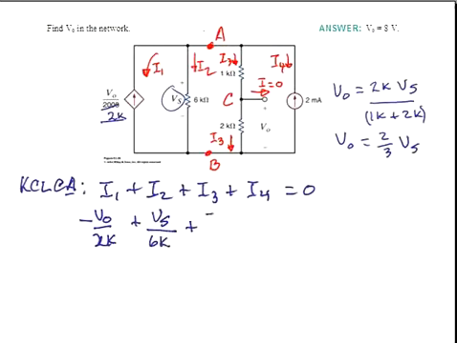plus I3, which will be the voltage V sub S divided by the sum of the resistors in that series path.